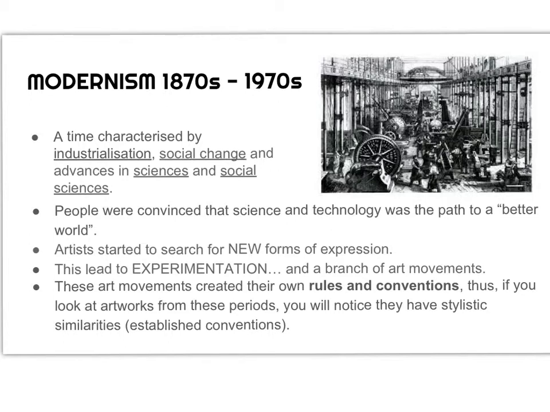However, when artists were attached to a particular movement, they did follow conventions and established rules, and that's why when you look at their works, you can often see similarities in terms of their style or their physical characteristics. As I've said to you previously in class, we've got a range of different movements springing up, but these groups of artists had a bit of a pack mentality in terms of what was deemed acceptable if they were going to be a part of that particular art movement.